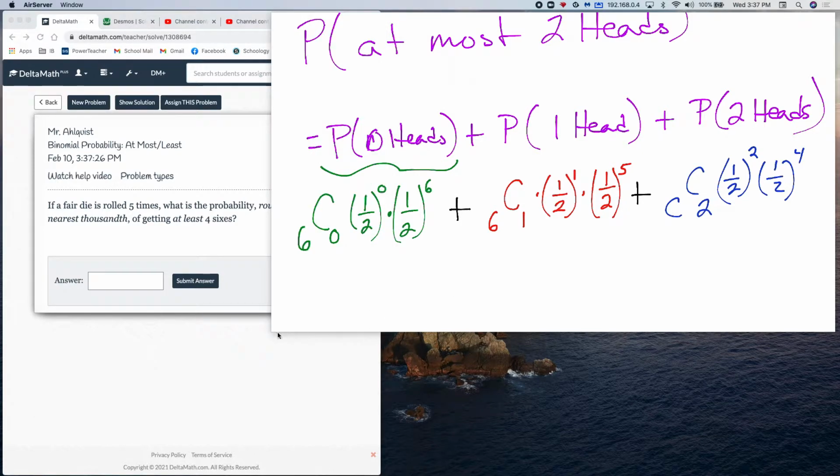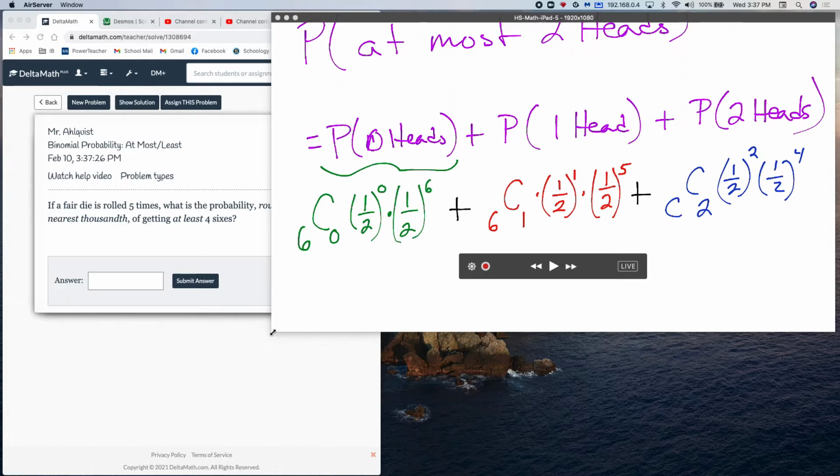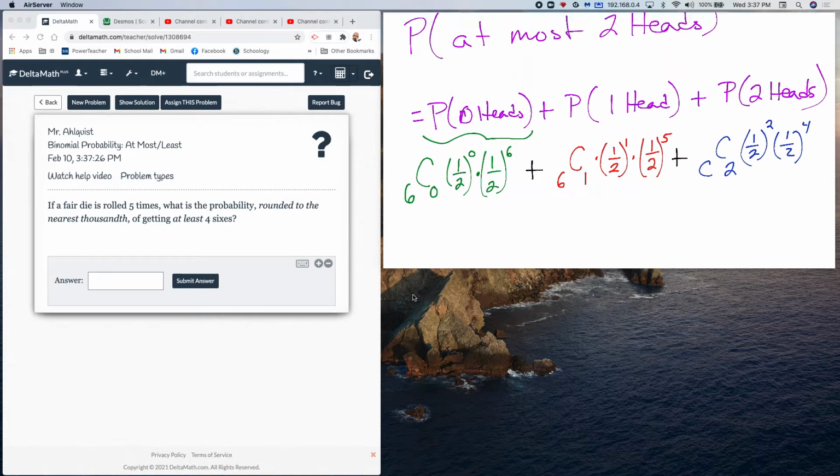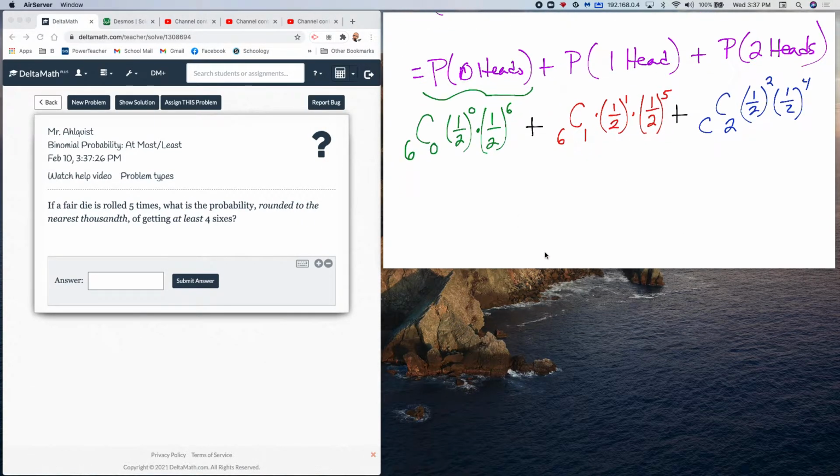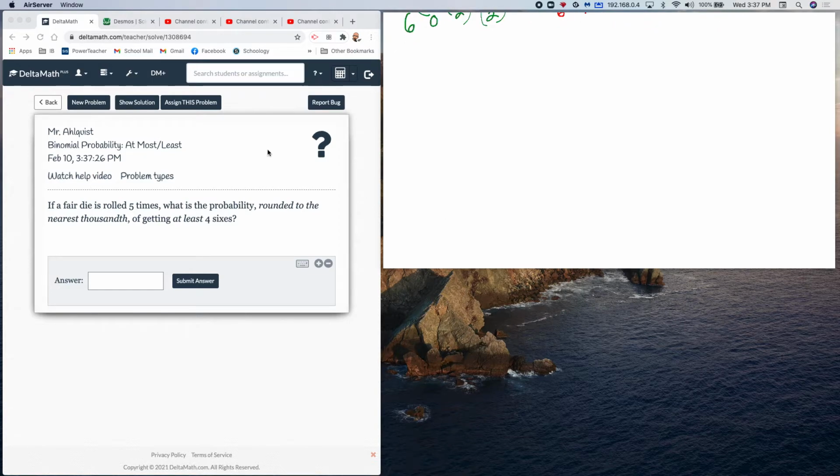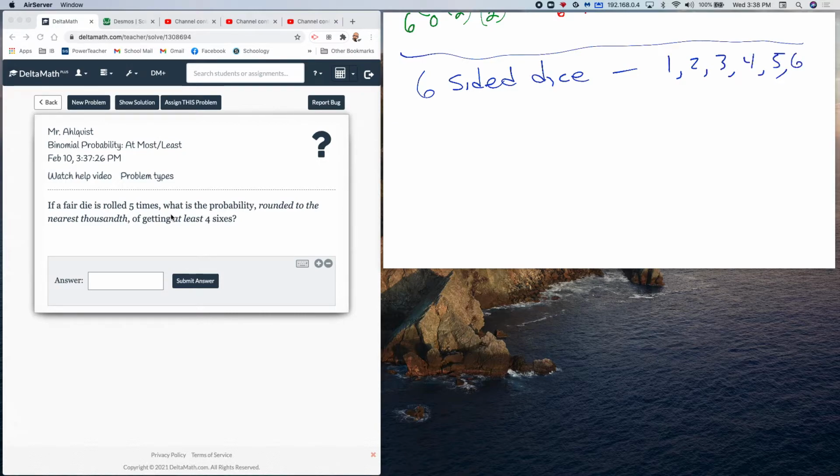So let's talk about this one. A fair die, and notice that when they're talking about a die on this, they're talking about a 6-sided die. So on this one, we have a 6-sided die, the numbers 1, 2, 3, 4, 5, 6 are on this die. And we're going to roll it 5 times.